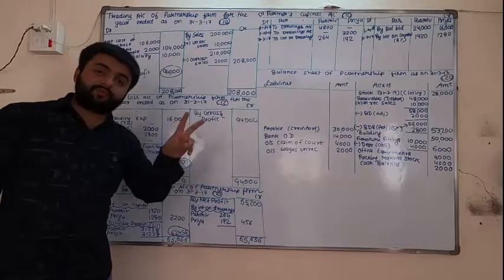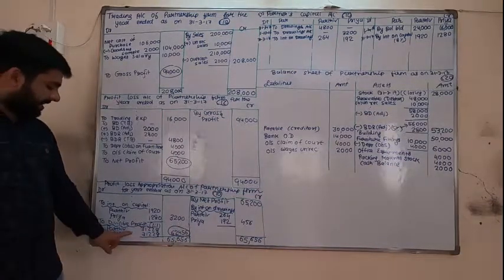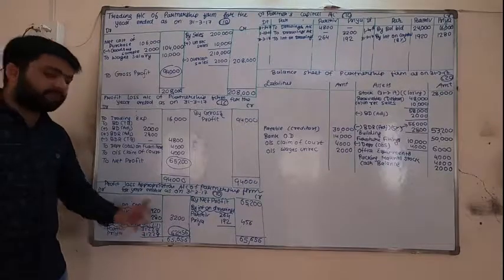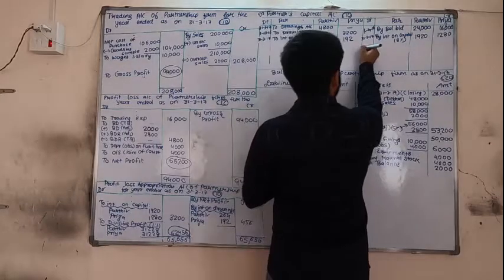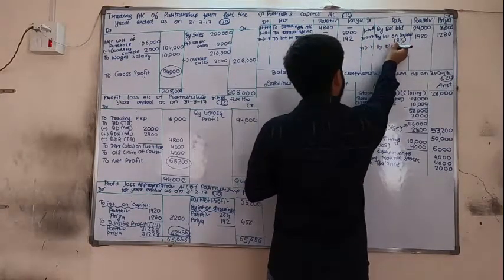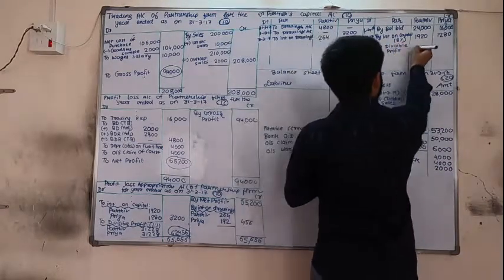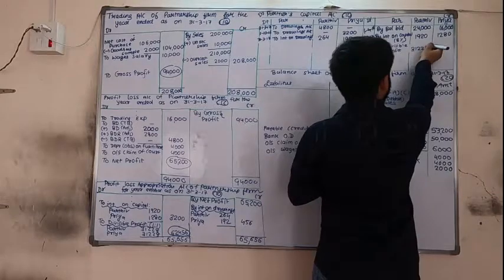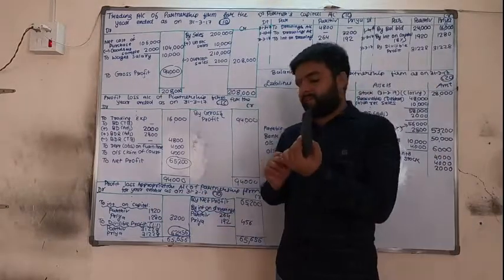Now divide by 2, two equal parts, because ratio is not given, 1:1 divisible profit. Parthiv, Priya 31228 each. This is debited, there it would be credited. If you can't see, I am reading.